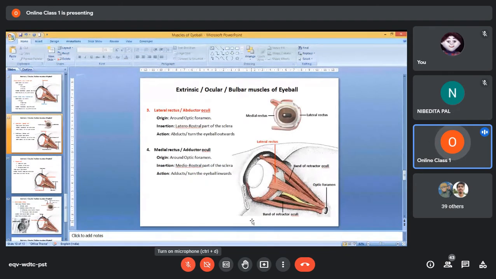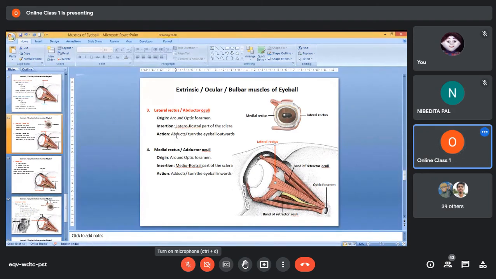Then comes the lateral rectus. Here, this red one is the lateral rectus. Again, the point of origin is around the optic foramen, and insertion is on the laterorostral, that means the lateral and anterior part of the sclera. The function, as I told you, is to move the eyeball away from the central axis.